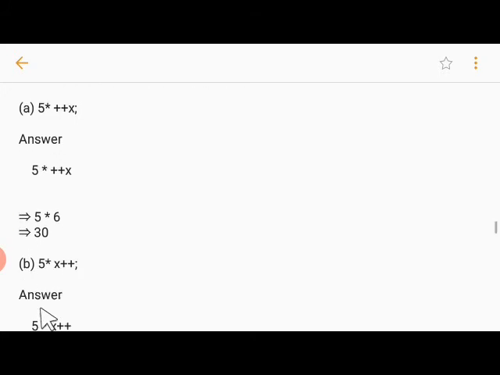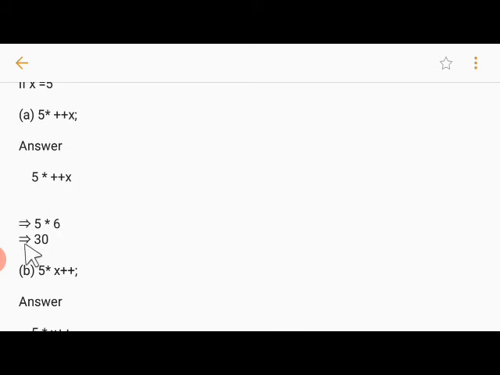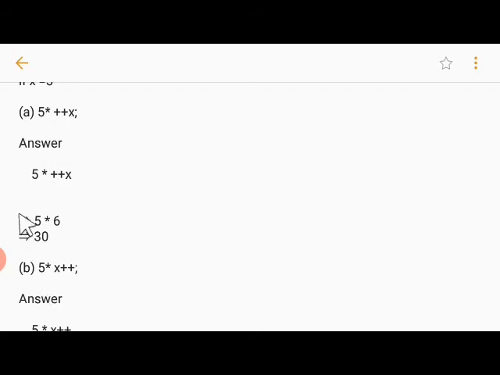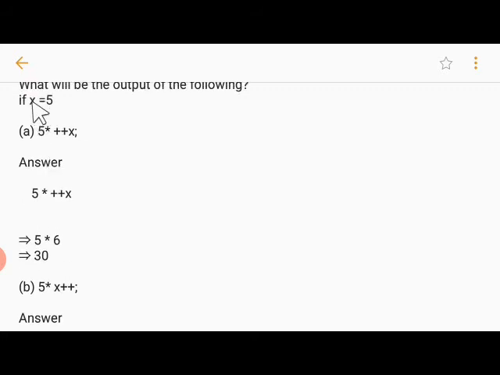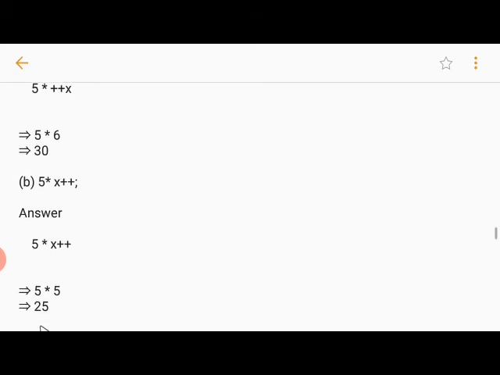Okay students, because it is pre-increment, x will be increased to 6 and then it will be multiplied. 5 * x++ is post increment, so it will be first multiplied and then increased. So here 5 into what? The x value is 5. So it will be 5 into 5, which gives us 25.